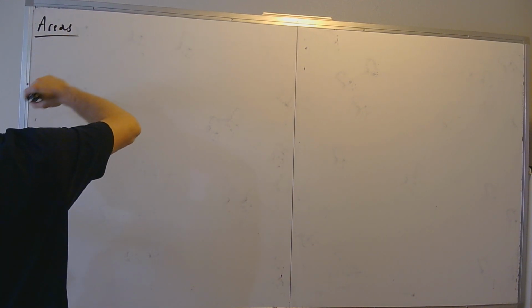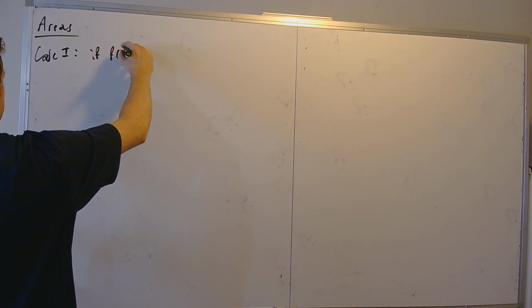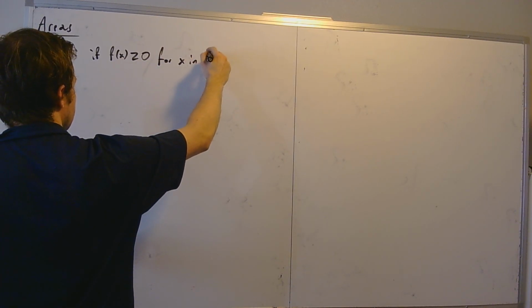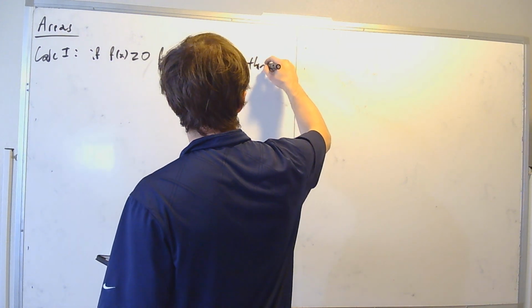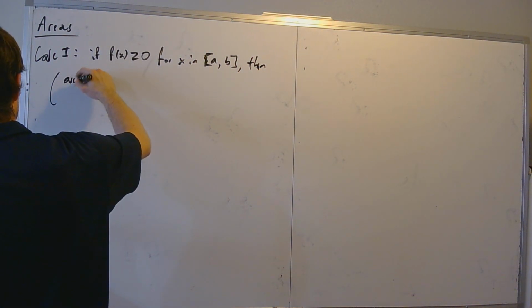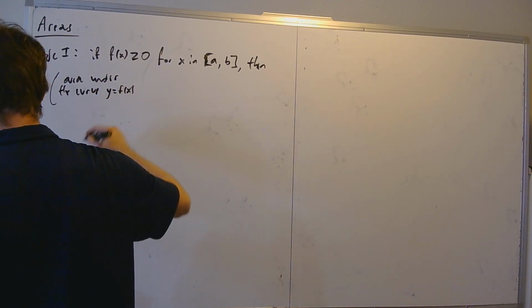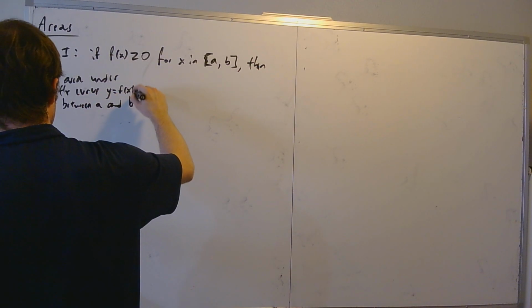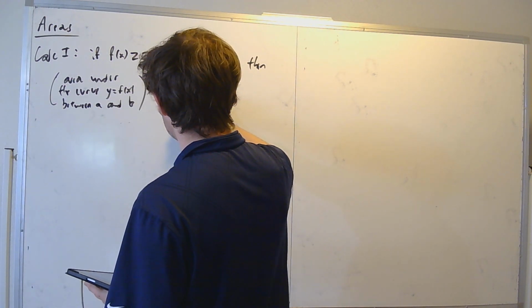Okay, so first we need to talk about areas. In Calc 1, we learned that if f of x is greater than or equal to 0 for x in the interval from a to b, then the area under the curve y equals f of x between a and b is exactly equal to the integral of our function from a to b.